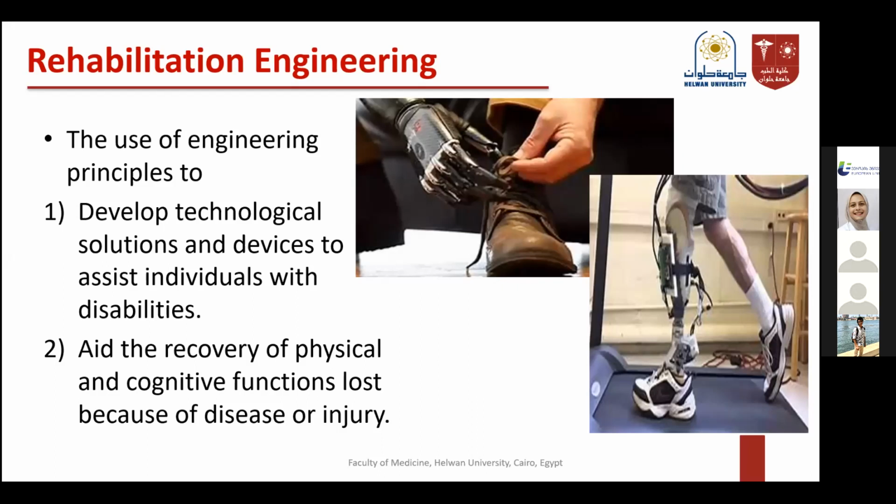Here he can tie his shoe with his prosthetic hand. This is a very fine movement that's not easy except by having major, dexterous, perfect control of his fine motor function.